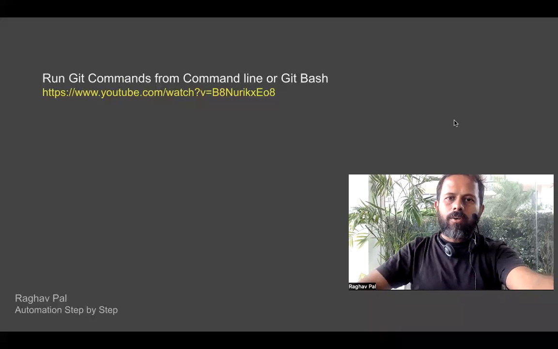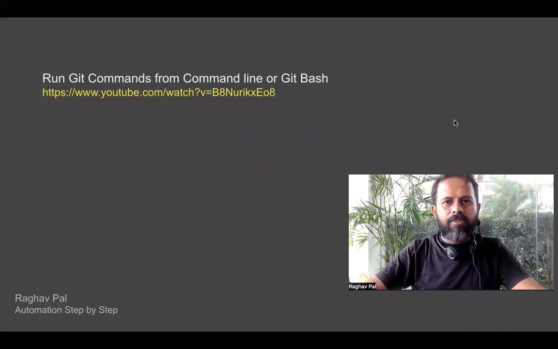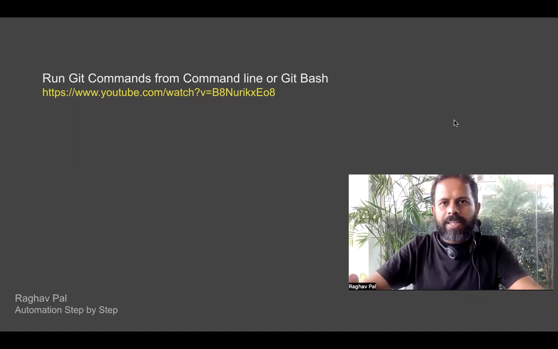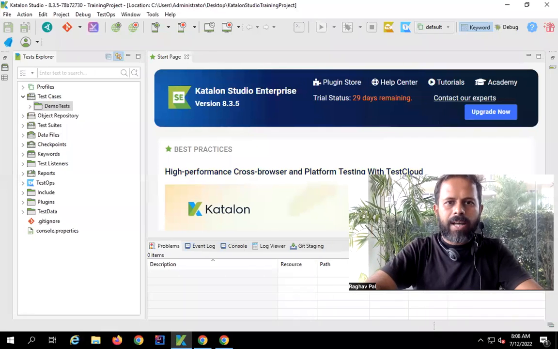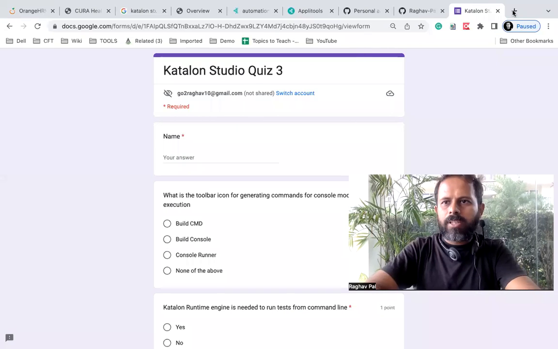Okay, now all these Git actions that we have done from Katalon Studio, you can also do these from the command line separately from Katalon Studio. So even if you do not open Katalon Studio, you can still do all the Git commit, push and everything from the command line. Just in case you want to learn Git and GitHub from the command line and all the things, you can go to my website, or there was a video I created.